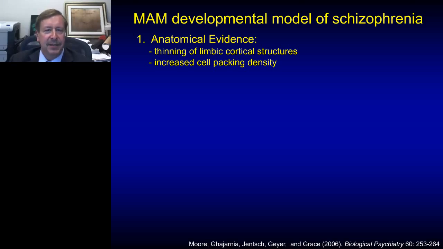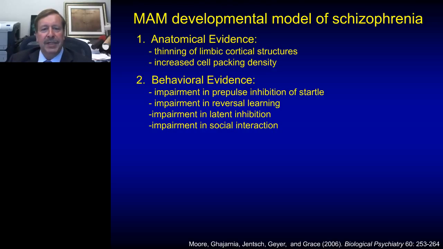This is also consistent with what's been reported in human schizophrenia patients. We see behavioral evidence in terms of deficits in sensory gating, such as pre-pulse inhibition of startle, impairments in executive functions, such as reversal learning and extra-dimensional shift, and impairments in negative symptoms, such as latent inhibition and social interaction.